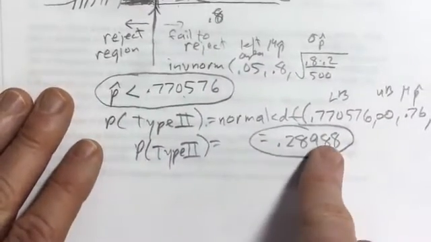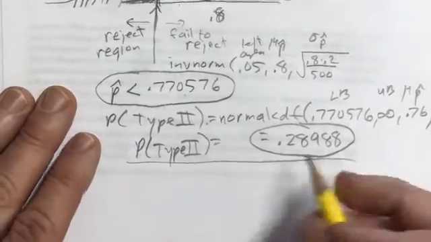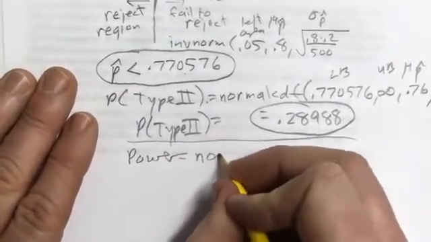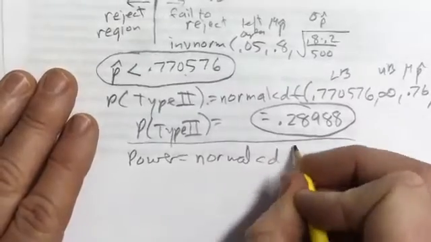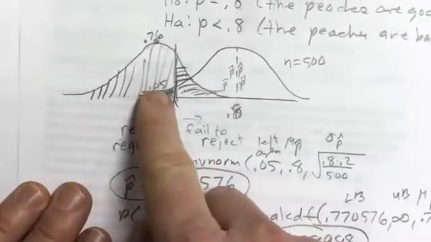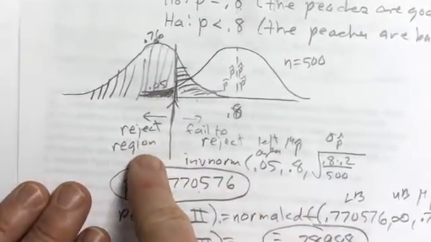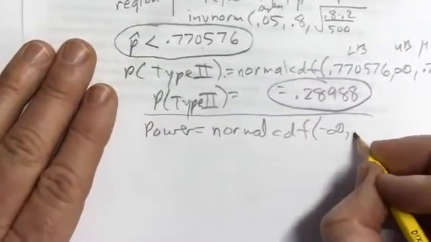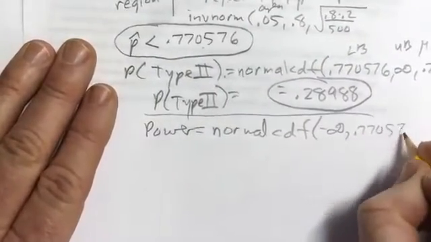Now you could do it as 1 minus type 2 error, or you could do normal CDF if you wanted. To find power, it's going to be normal CDF, and it is the shaded area of the bad curve that's in the rejection region of the other curve. So that's going to be negative infinity to 0.770576.